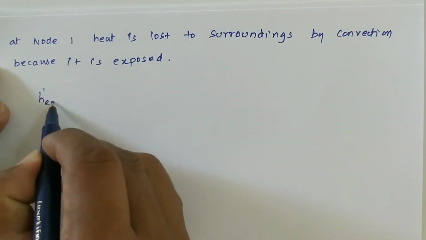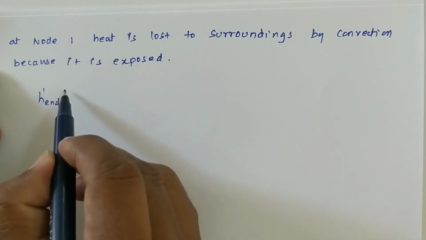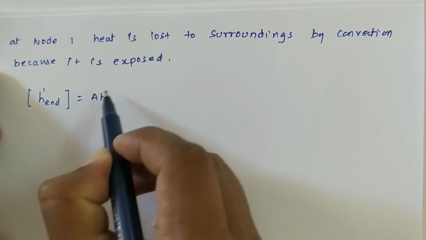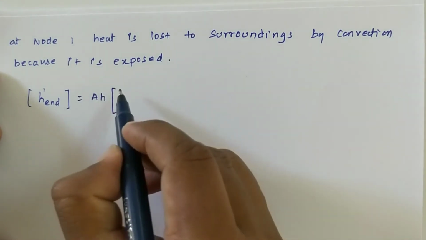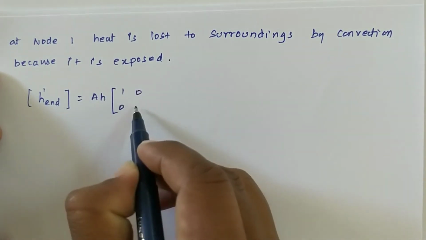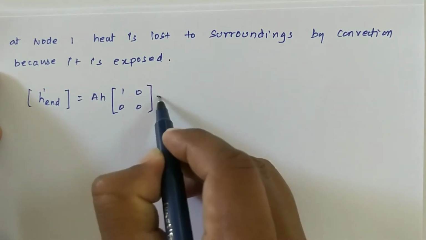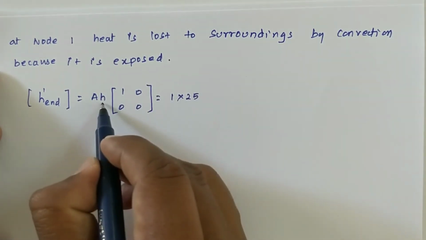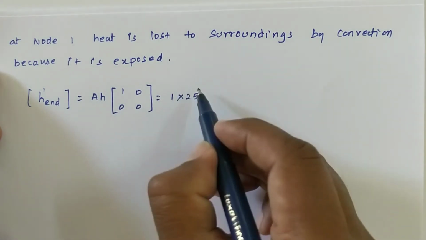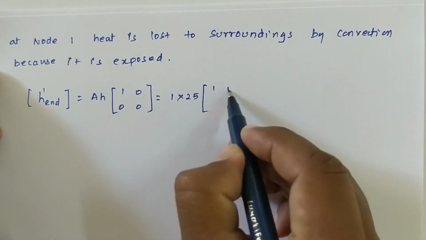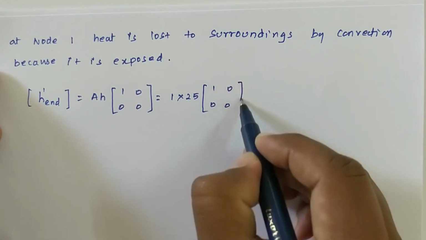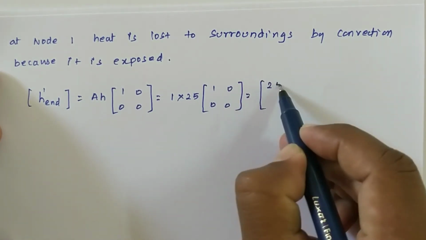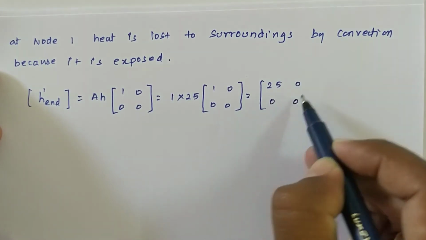Heat at that end can be calculated using the matrix A into H into [1 0 0 0]. Now area is 1 and heat transfer coefficient H is given as 25, into [1 0 0 0]. So this happens to be [25 0 0 0].